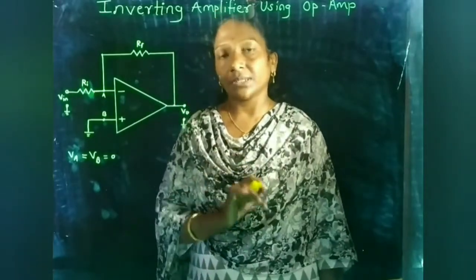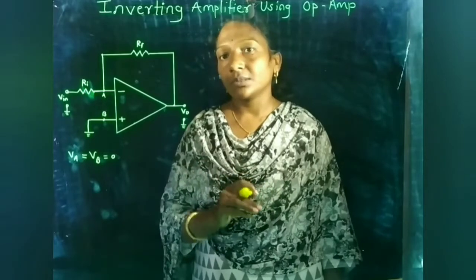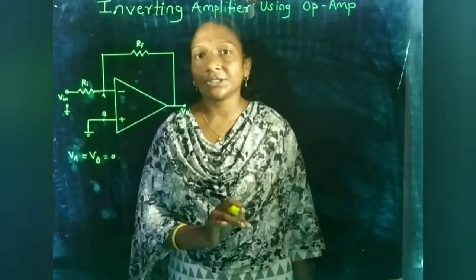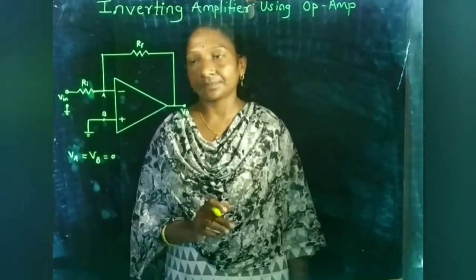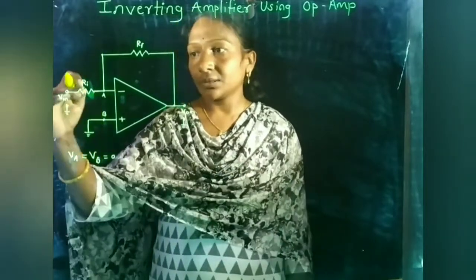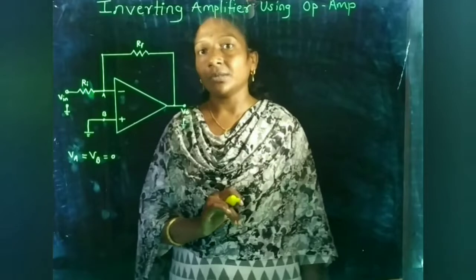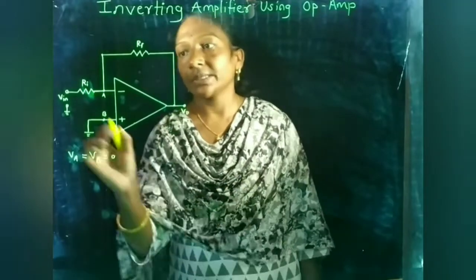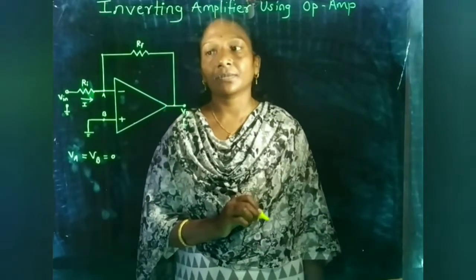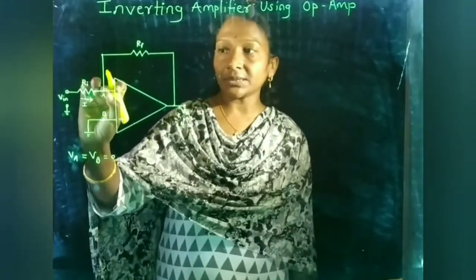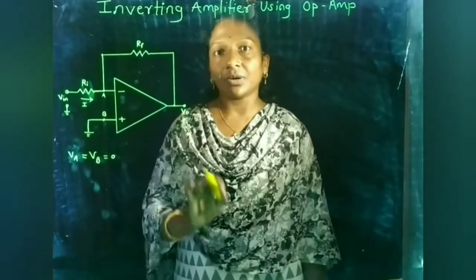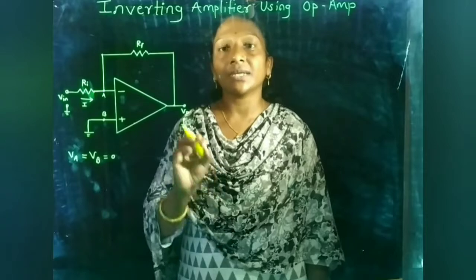Now let us see the working of this inverting amplifier, and simultaneously we find out the closed loop voltage gain of this amplifier. This resistance is the input resistance. When the input voltage is provided to this circuit, then current flows in this direction, called I. This current appears at node A. The input resistance of the operational amplifier is very large.